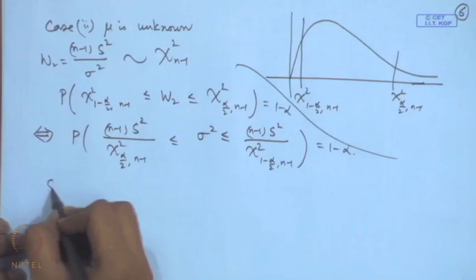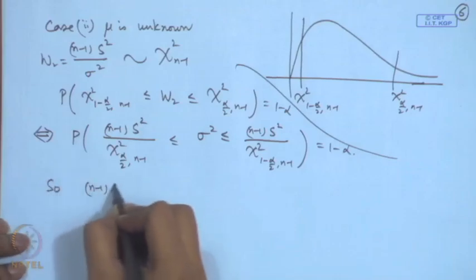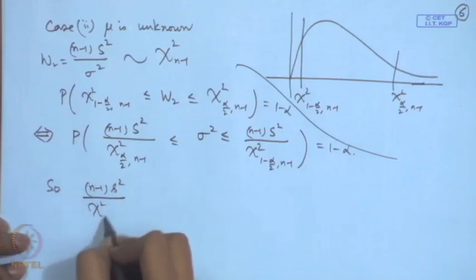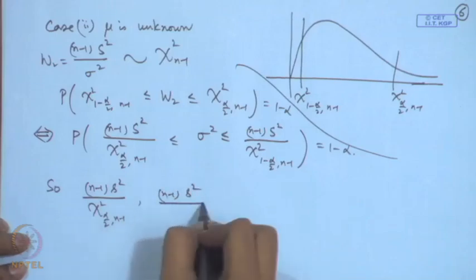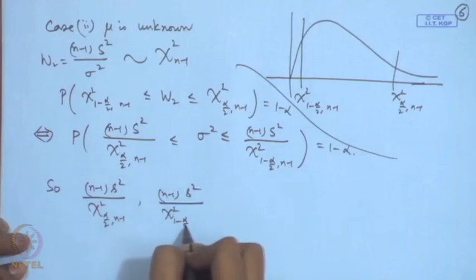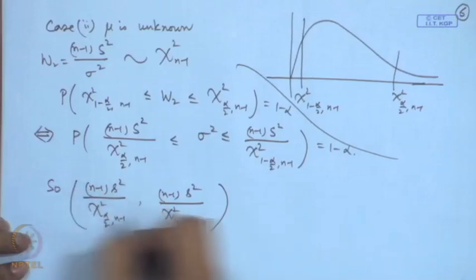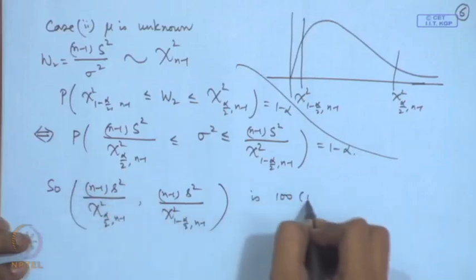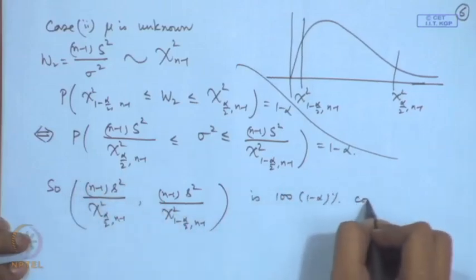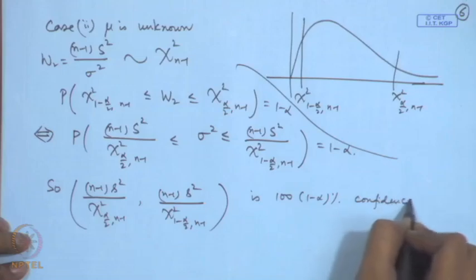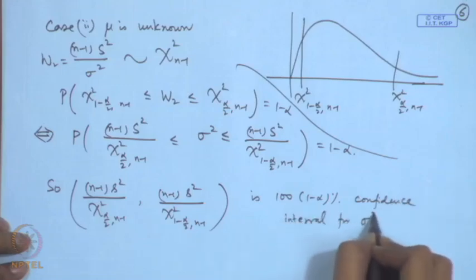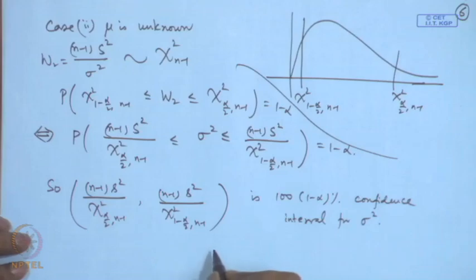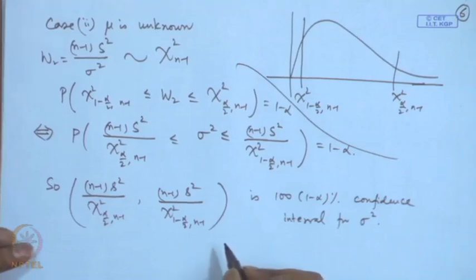So, the confidence interval turns out to be (n minus 1) s square by chi square alpha by 2 n minus 1 to (n minus 1) s square by chi square 1 minus alpha by 2 n minus 1, for sigma square when mu is unknown.